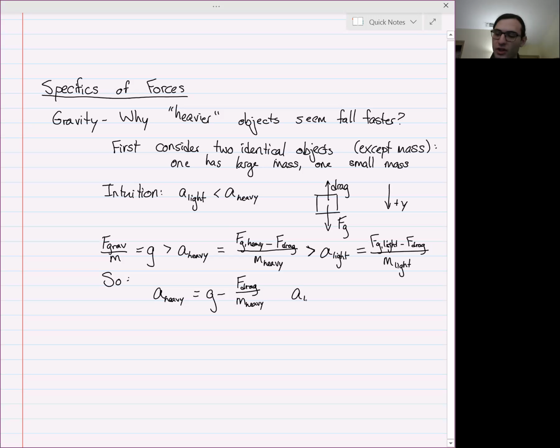And the acceleration of the lighter object, this is the downward acceleration, by the way, acceleration in the plus y direction using this coordinate choice, is g, because we have this F sub g over m light, minus F sub drag over m light.